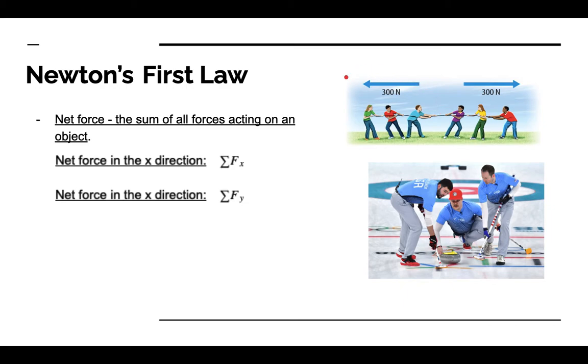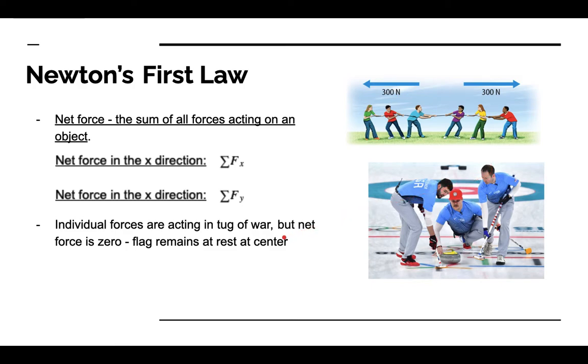There's 300 to the left and 300 to the right, and thus our forces are balanced. So what we expect to see is, since both sides are pulling with an equal amount of force, this red flag just stays right in the middle and doesn't move at all. So we can make the observation that individual forces are acting in a tug of war, but the net force is 0, hence the flag will remain at the center.